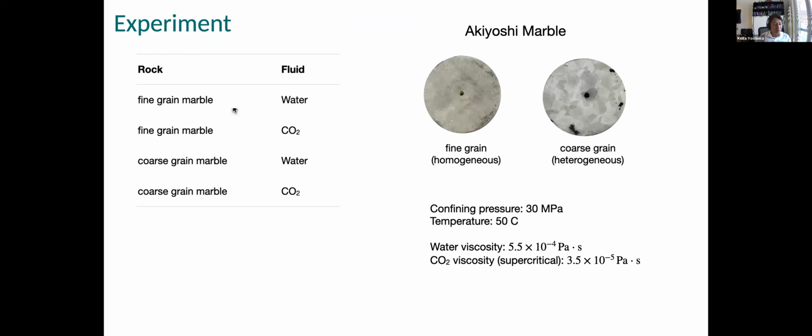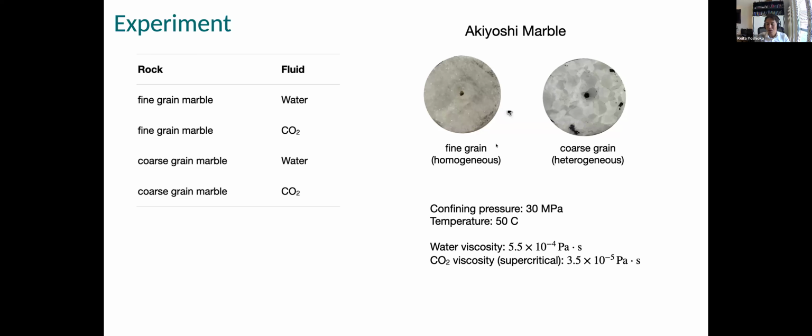Okay, so then our collaborators at Tohoku University ran experiments. For this experiment, we picked a rock sample called Akiyoshi marble. We chose two kinds of Akiyoshi marble.